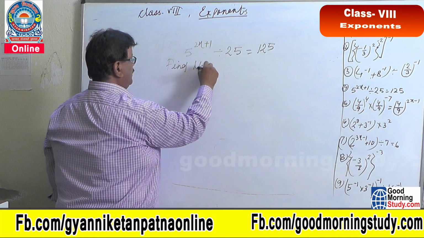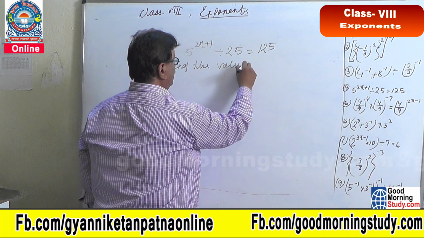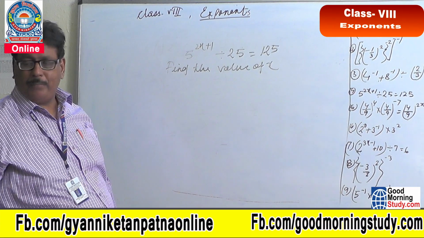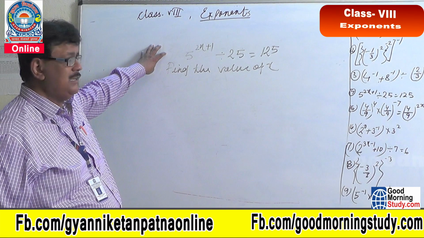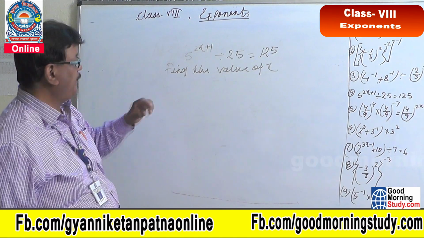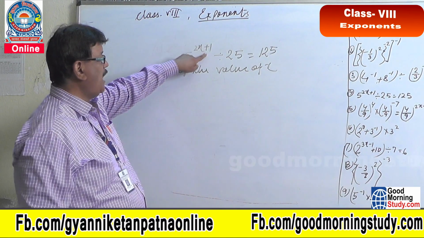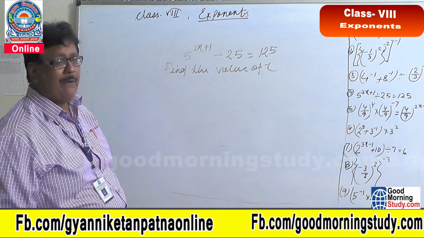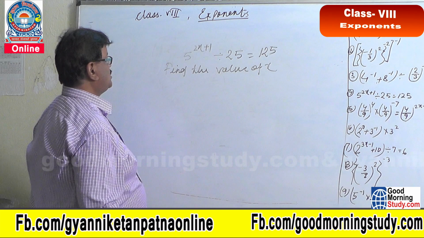Find the value of x. So here is the question: for what value of x will 5 raised to the power 2x plus 1 divided by 25 be equal to 125? So we have to find the value of x first.